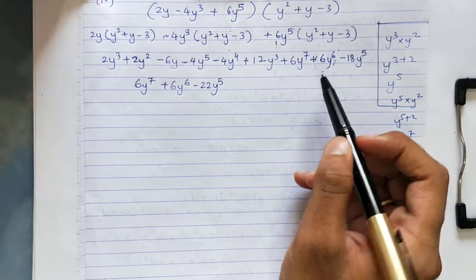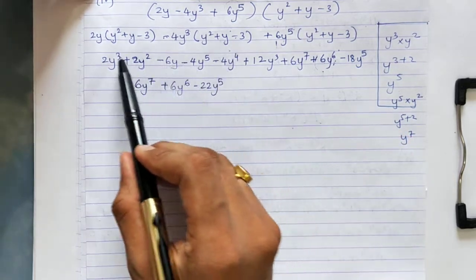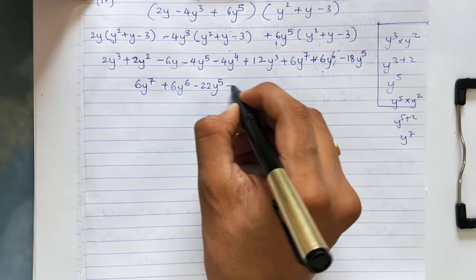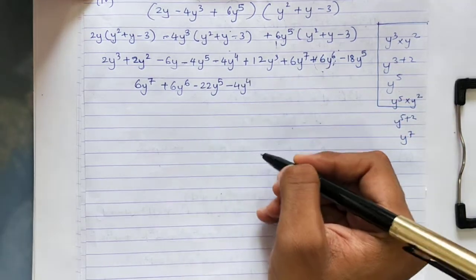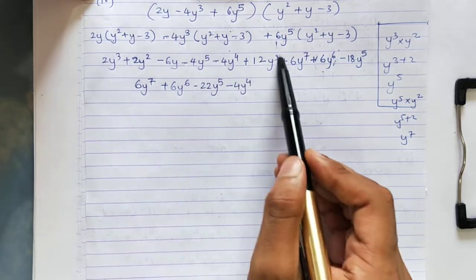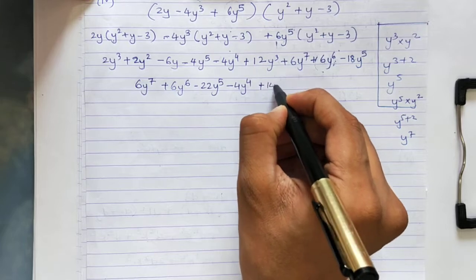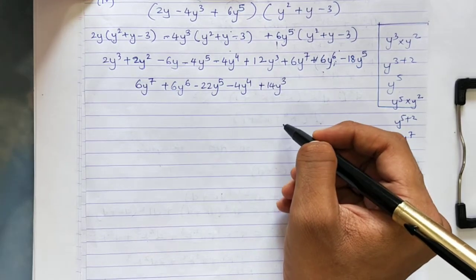Then y4. There is no other y4, so I'll copy it as it is. Then y cube: 2y cube plus 12y cube is 14y cube.